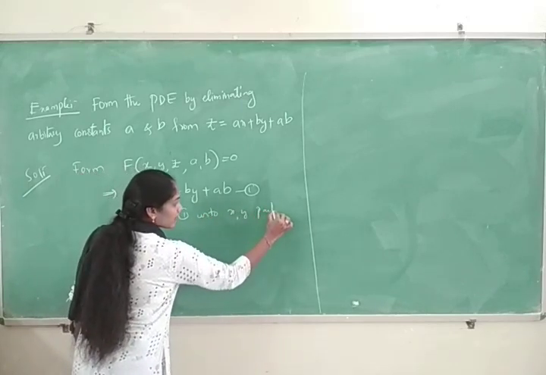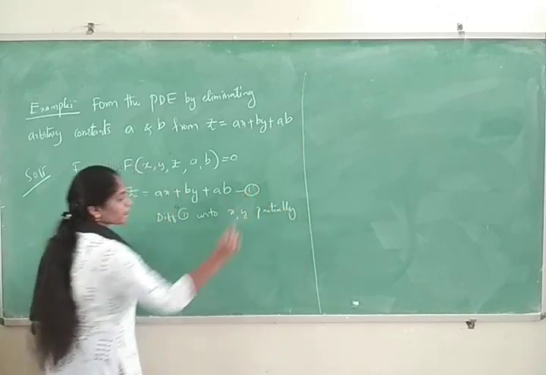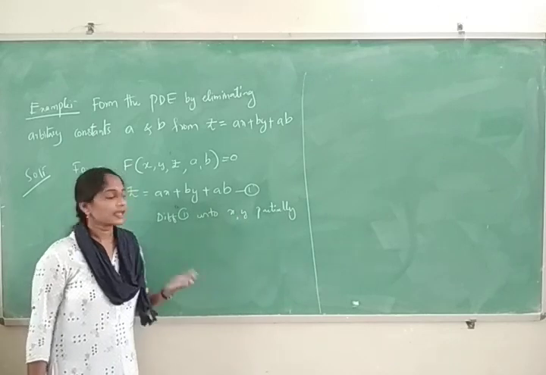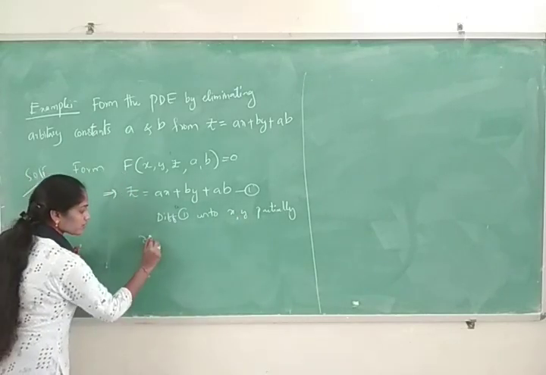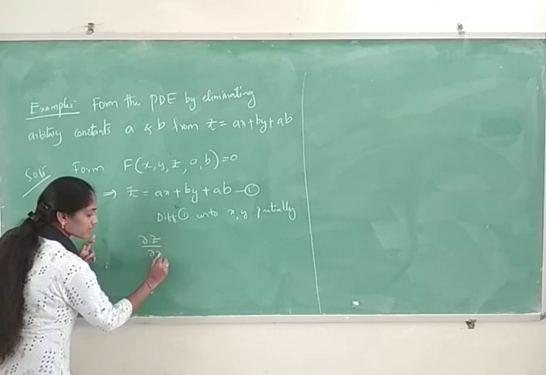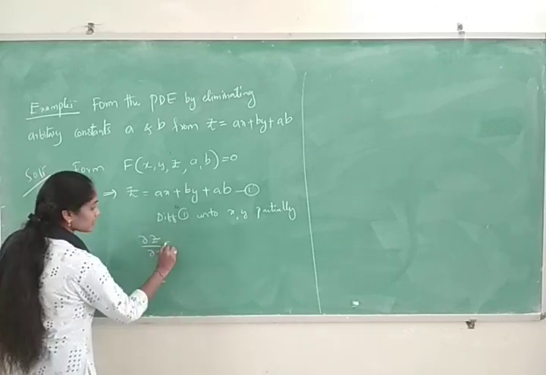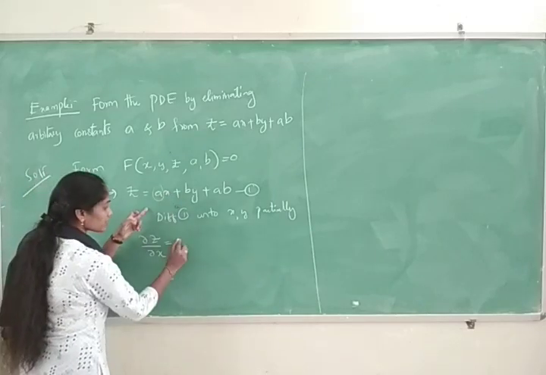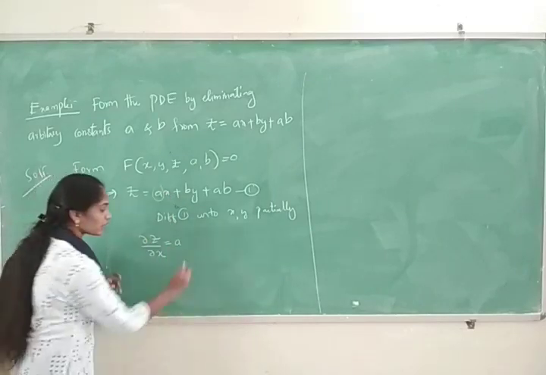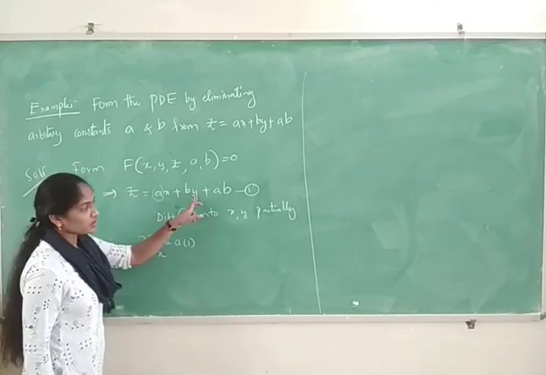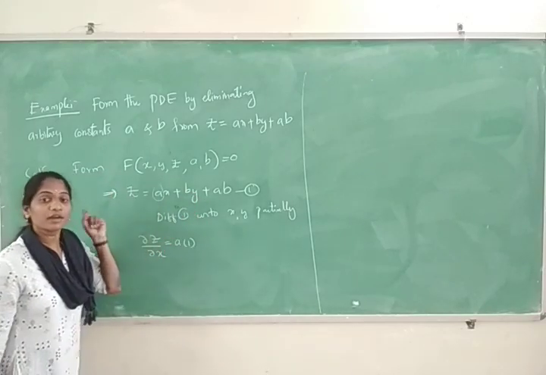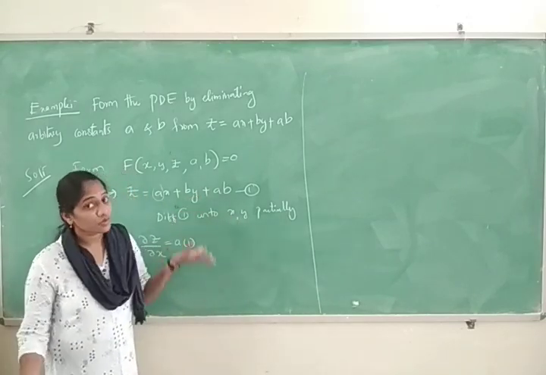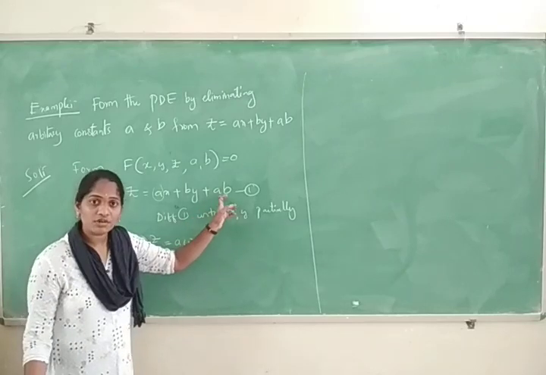First differentiate equation 1 with respect to x. Come on, students, tell me: dou z by dou x is equals to, treating y as constant, a times 1, which is a. The term ab is an arbitrary constant term, so its derivative is 0.